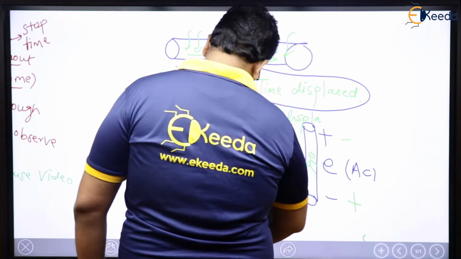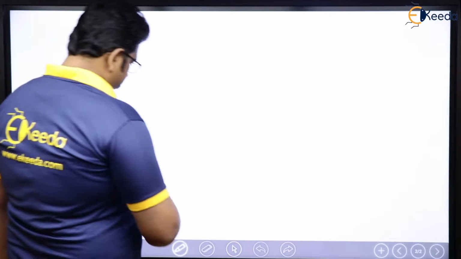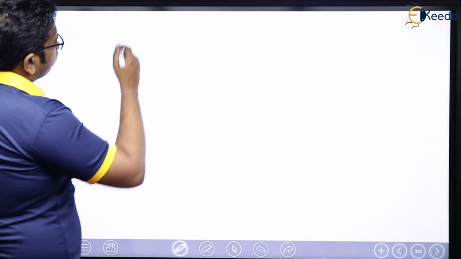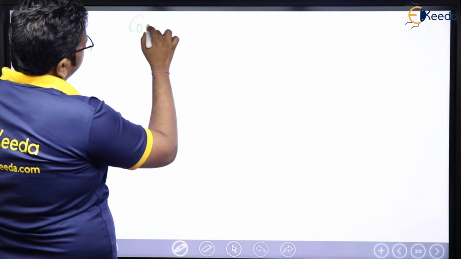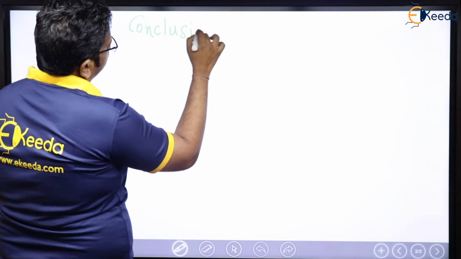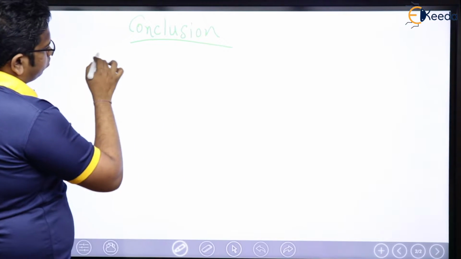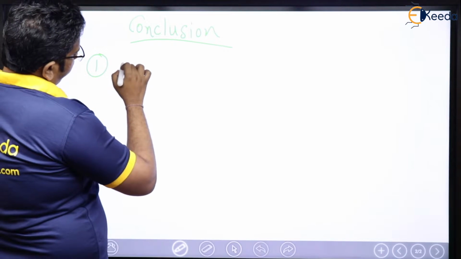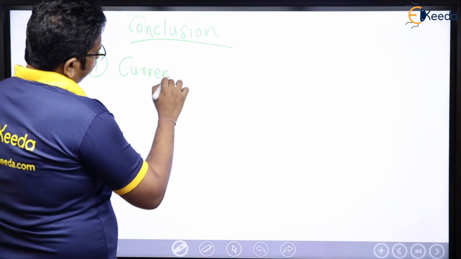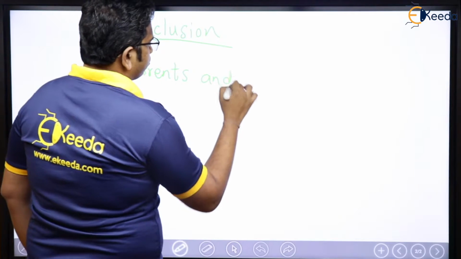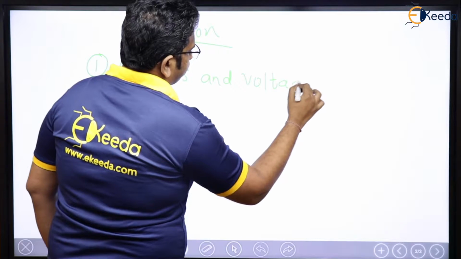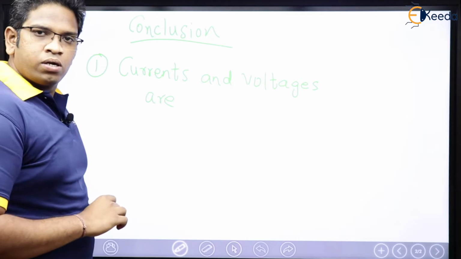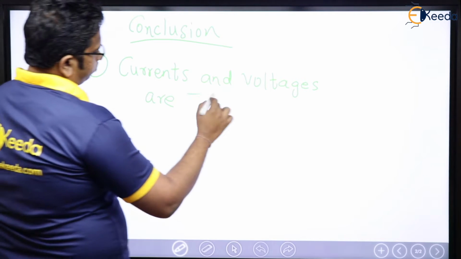Come on. See here. What are the conclusions here? Conclusion number 1. What is that? Currents and voltages are time displaced and not space displaced.